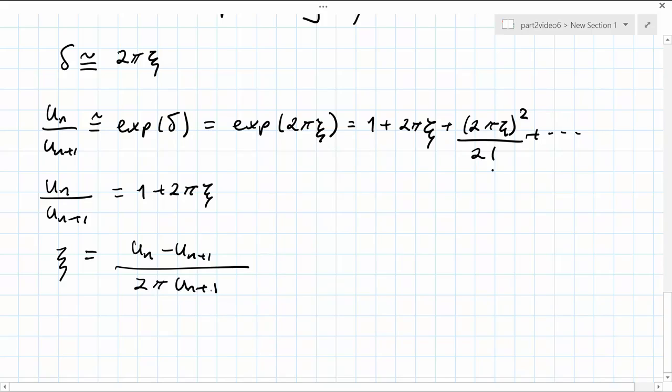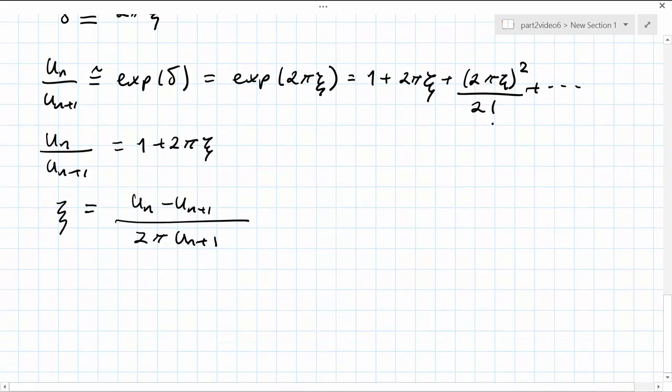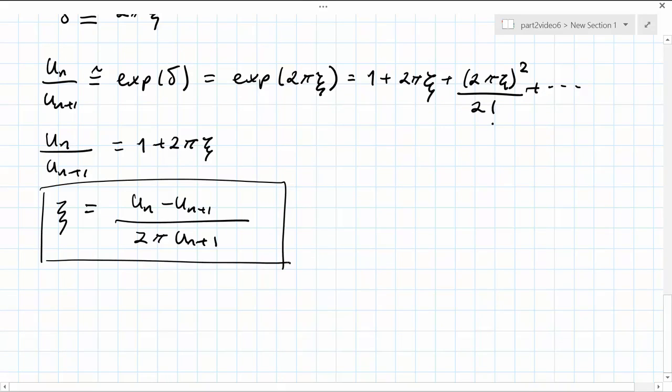So in order to work out the damping, it is just sufficient to measure the response at 2 successive peaks and insert them into this formula to determine what zeta is.